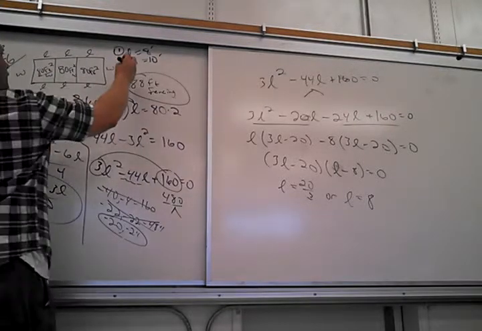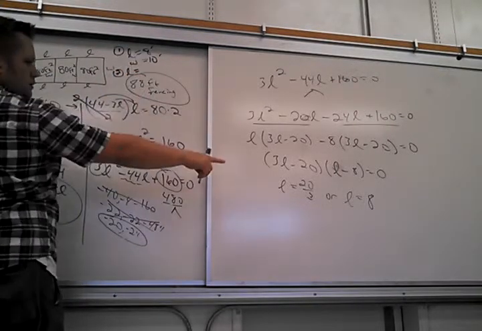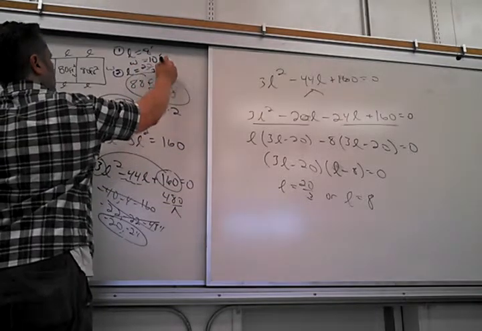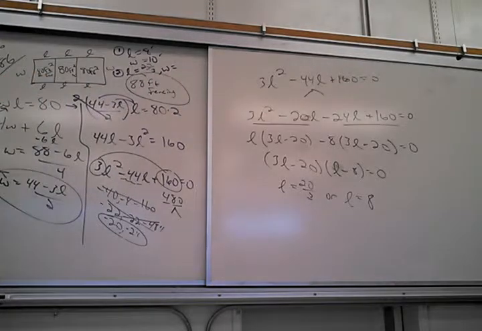And the other possible set of answers would be L is this disgusting 20/3. Then what's W got to be? To multiply to be 80. So if you just plug in 20/3, multiply by 3, divide by 20. 4 times 3 is 12.